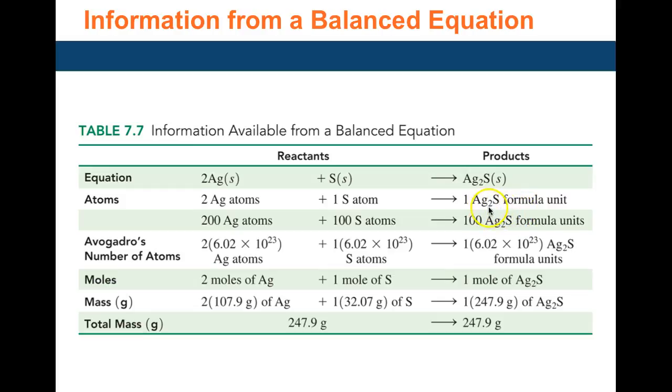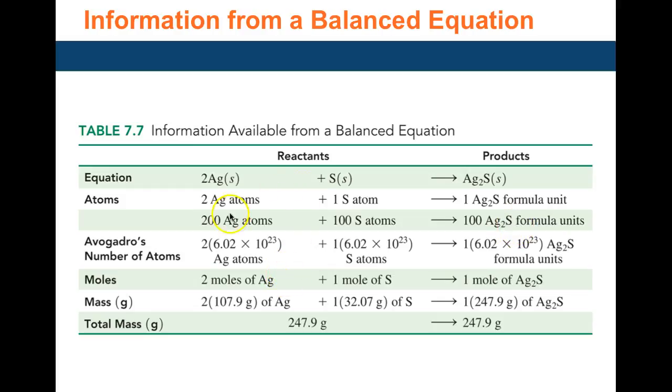This is an ionic compound, so 1 formula unit of silver sulfide. If you multiply this whole thing by 100, that would become 200 silver atoms, 100 sulfur atoms, and 100 formula units of the silver sulfide.